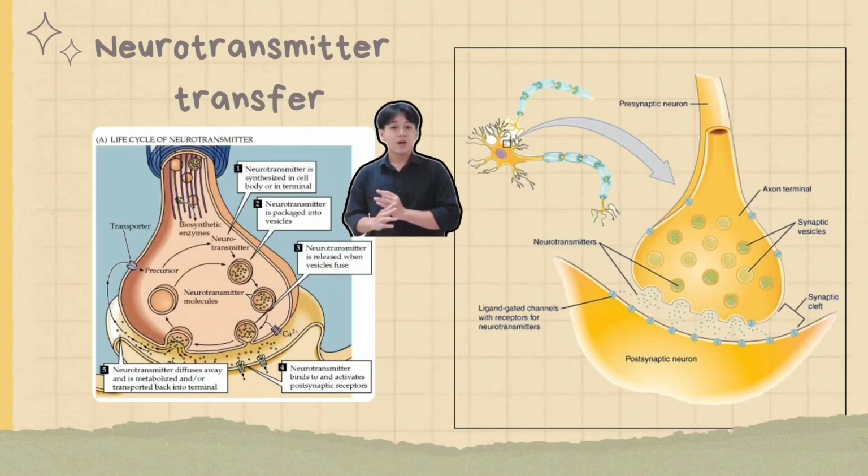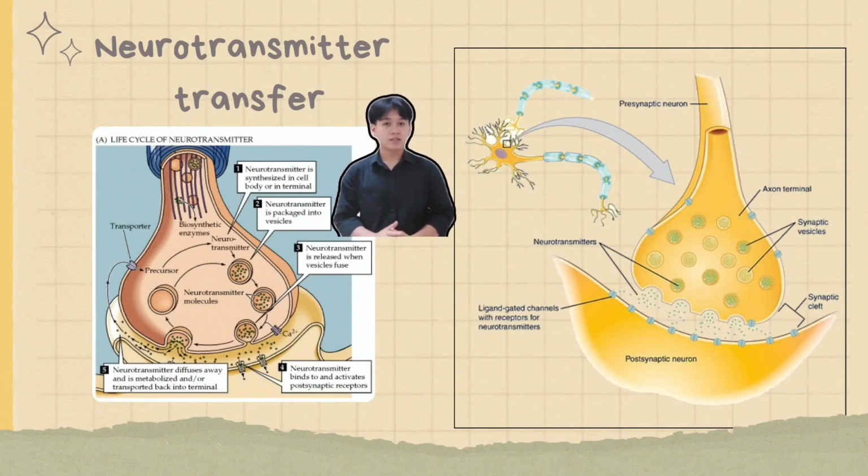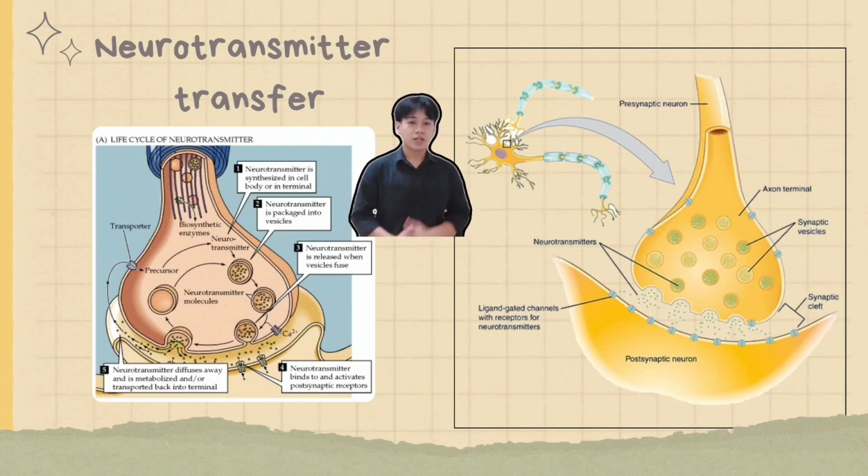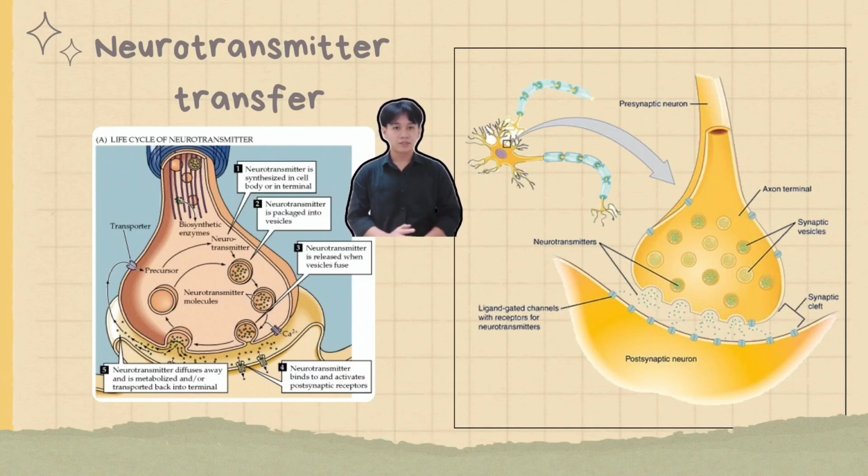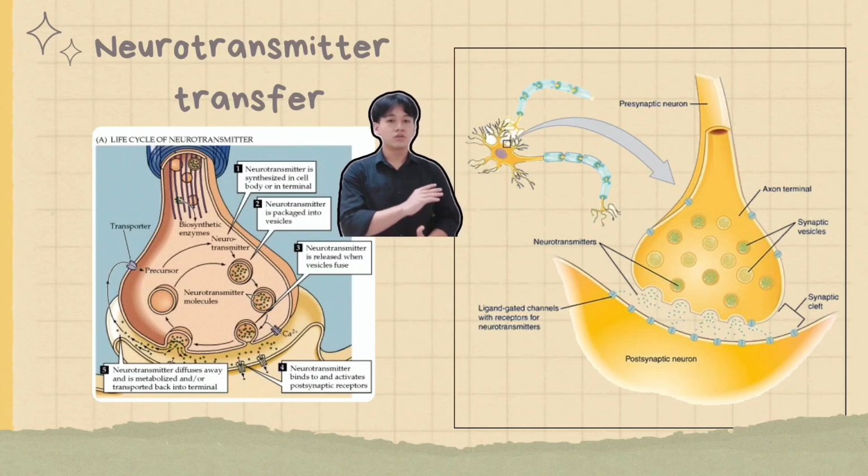Next, on to the neurotransmitter. As we know, the neurotransmitter is the chemical messenger in the nervous system, and it is very crucial for various functions in our body. So, how does the neurotransmitter actually work?